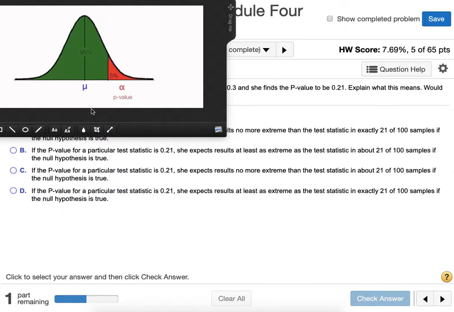So 5% would be 0.05, and 0.21 would be further this way. Let's say it's about there.